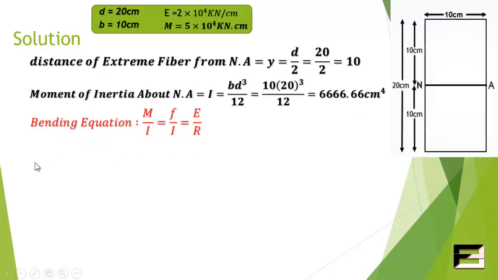We have to determine the maximum bending stress and also the radius of curvature. Now we are ready to put the values in this equation. This is called the bending equation.